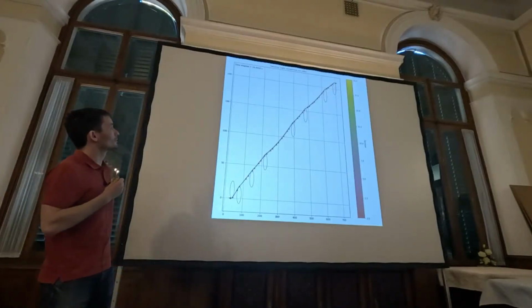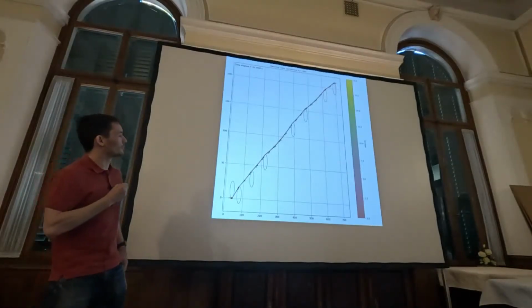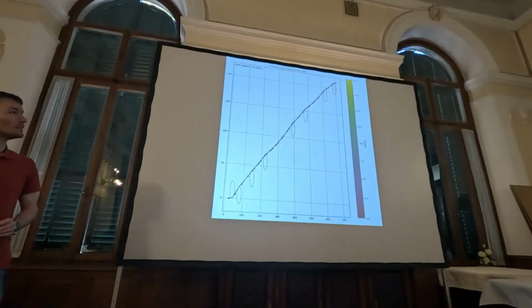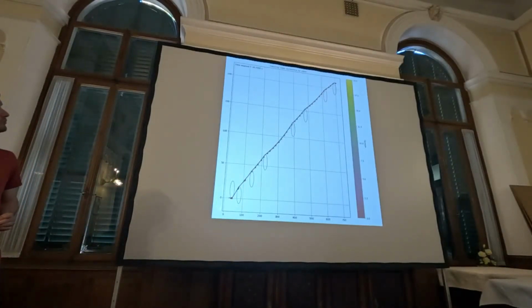Okay, maybe it's a little too long, but in 30 seconds there will be a stop to show if there is some shaking in the line. Okay, so it's 30 seconds.